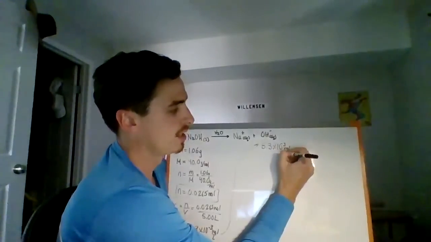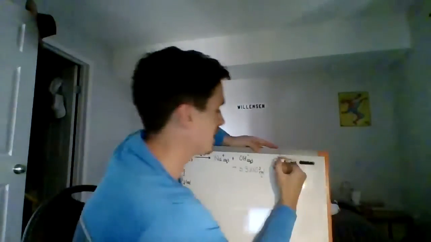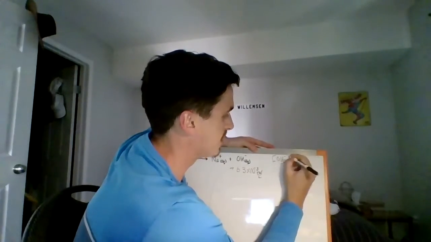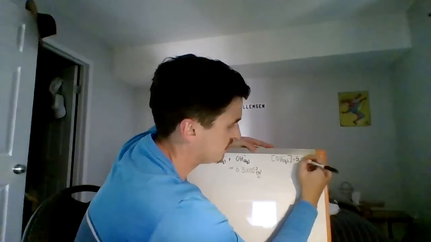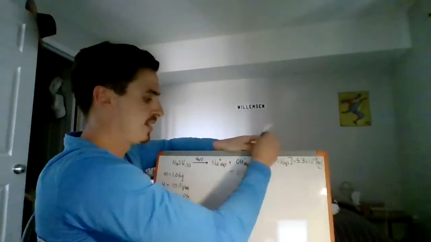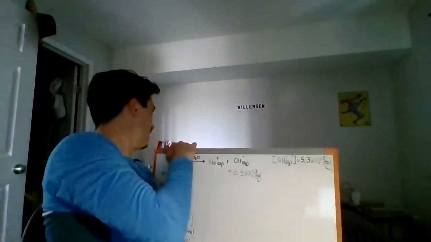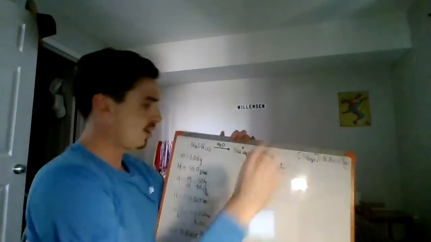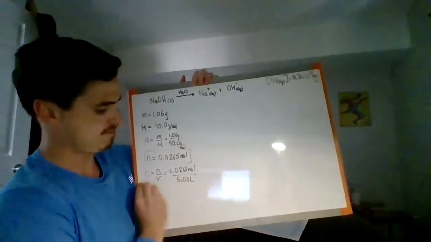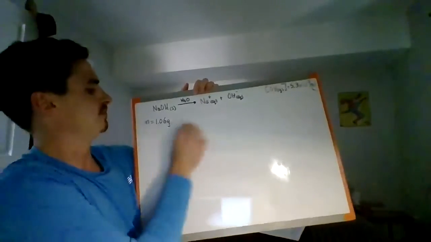Okay. So all I'm going to do up here, guys, because that's part of the question, it's asking us to do that. I'm just going to write it up here. 5.3 times 10 to the negative 3 moles per liter. Okay. And then I'm going to save some room. So I'm going to erase this because you guys should have seen it by now.